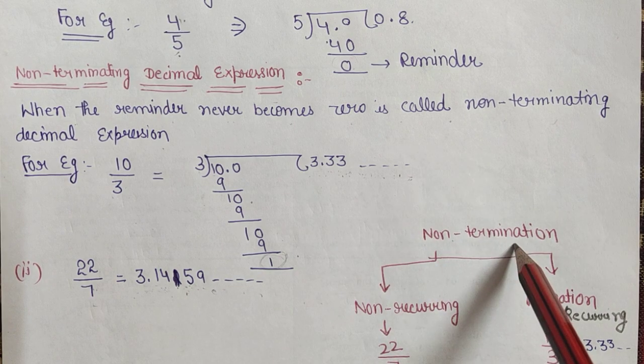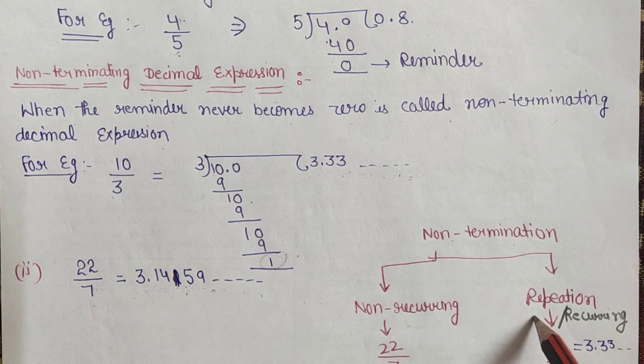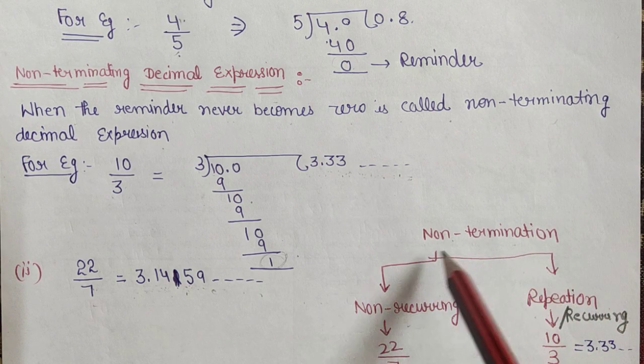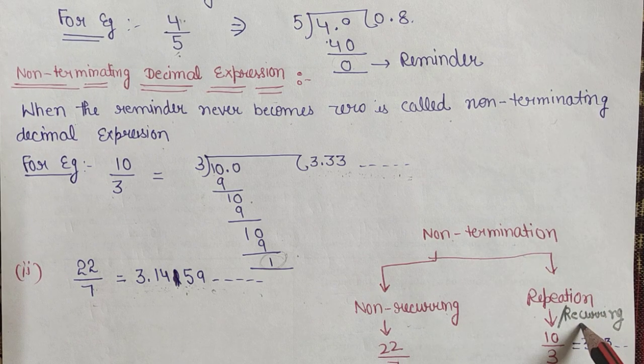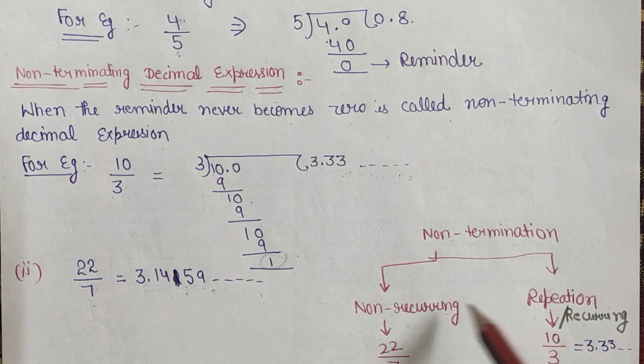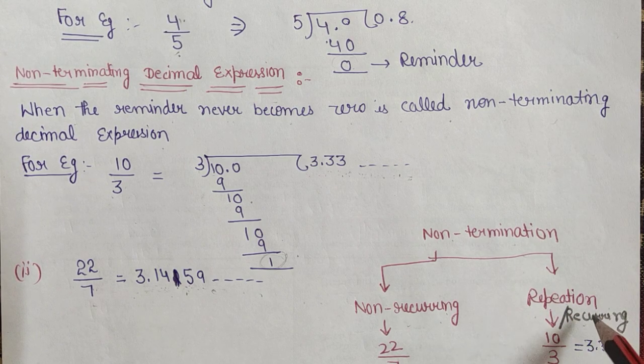Non-terminating decimal expansions are of two types. One is non-reoccurring and the second is repeating or reoccurring. What is the difference? Non-reoccurring means your decimal expansion is different.